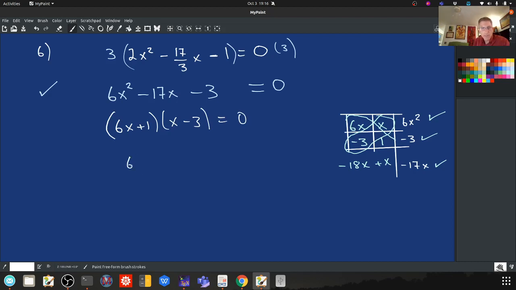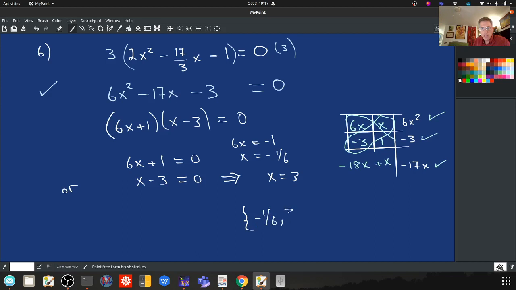That implies 6x plus 1 is equal to 0, or x minus 3 is equal to 0. This bottom is easy. It implies x is equal to 3. The top implies 6x is equal to minus 1, which implies x is equal to minus 1/6. So we have a solution, minus 1/6 and 3.